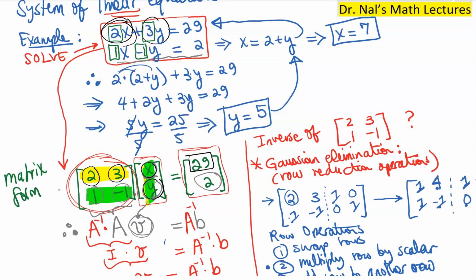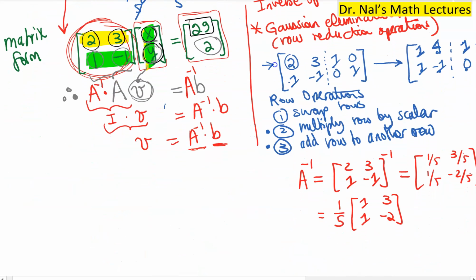If you multiply both sides of the equation with the inverse of this, okay, let's just not do it. For those of you who didn't enjoy this notation here, let's just totally skip it. So I'm just going to multiply both sides of the equation by this. Let's just do it. 1 over 5, 1, 3, 1, -2.